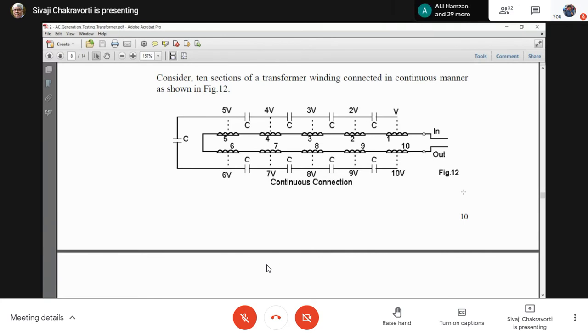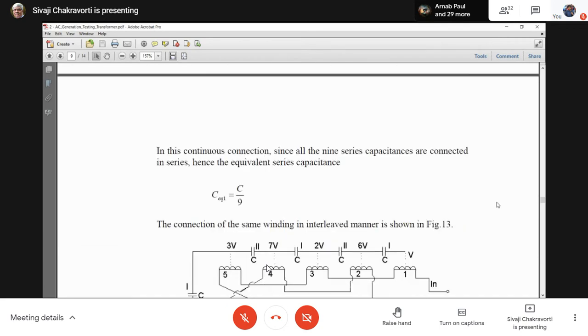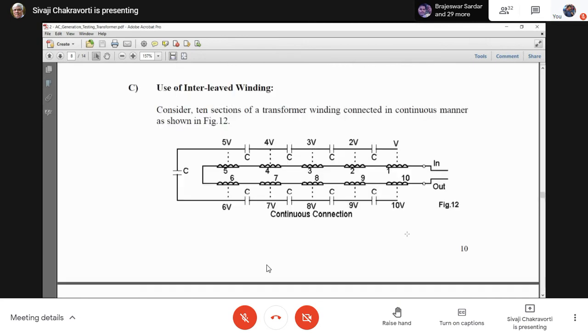It is very simple, the energy content should be the same. So half CV square into 9 is equal to half C equivalent into 9V square, because the potential difference is 9V. If you equate that, you will get the equation that the equivalent capacitance becomes C by 9. Believe me, you can really understand that these are all series capacitances. That equivalent Cs is C by 9.